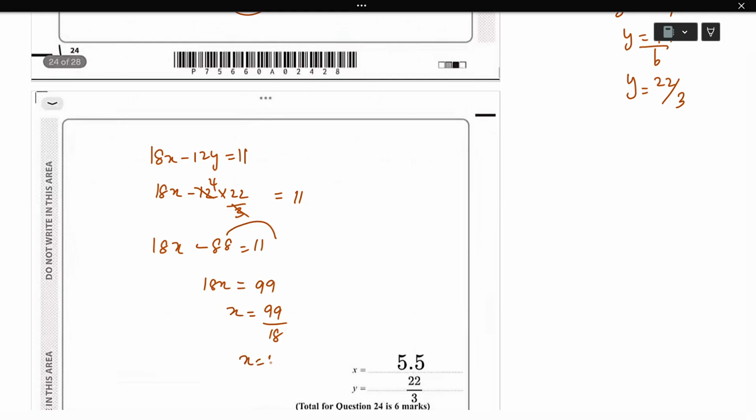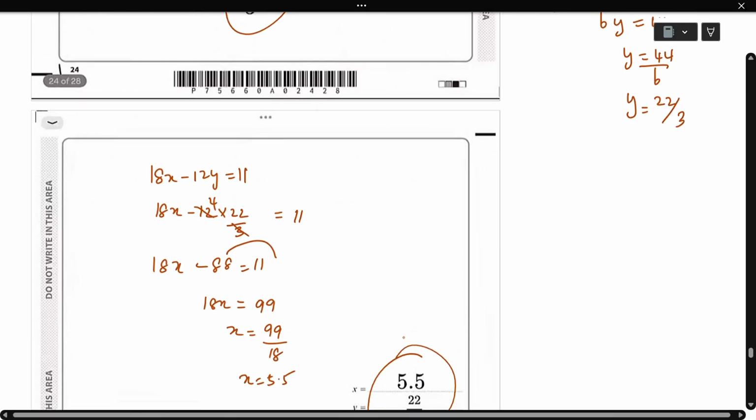So x equal to 5.5. So we are getting the answer here.